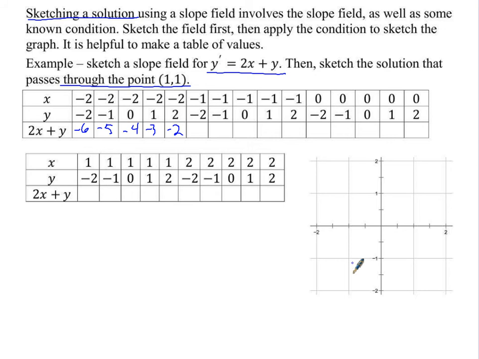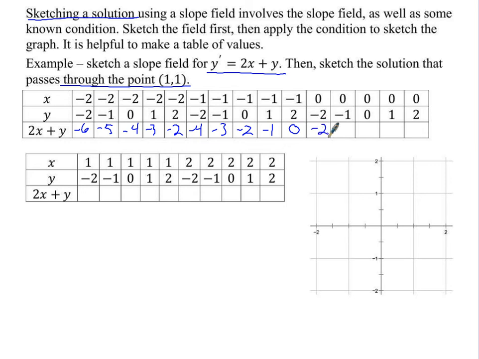Now we're going here. When x is negative 1 and y is negative 2, what do we get? Negative 4. And then? Negative 3. And then? Negative 2. Negative 1. And 0. And the next one? Okay, we're at negative 2 now, that's right.